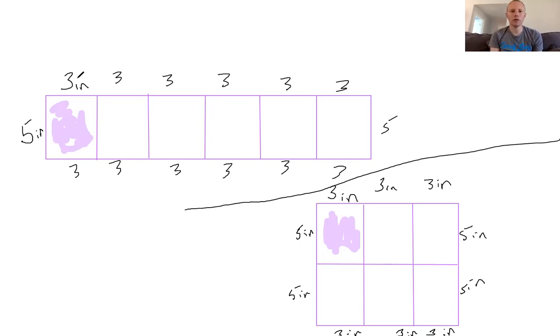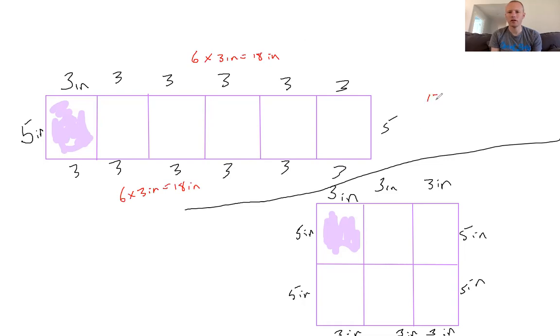What I would do is I would say 1, 2, 3, 4, 5, 6. I'd say 6 times 3. Here, I'll do this in a different color so we can see that I'm doing my work now. I'd say 6 times 3 inches equals 18 inches. Down here, 6 times 3 inches equals 18 inches. And then I have 5 inches on the other side.